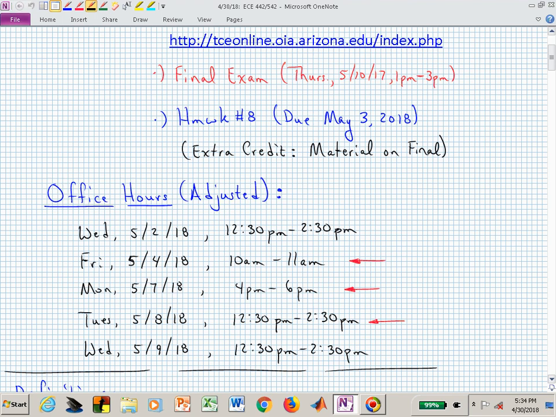And then the remaining office hours are 2-hour blocks, but they're during finals, so hopefully I'm not overlapping all of your final exams. I think I've selected those so that it's not during one particular final exam period. But those are then on Monday, Tuesday, and Wednesday, and our final exam again is on Thursday of next week.